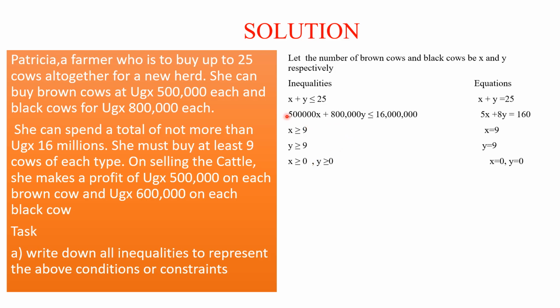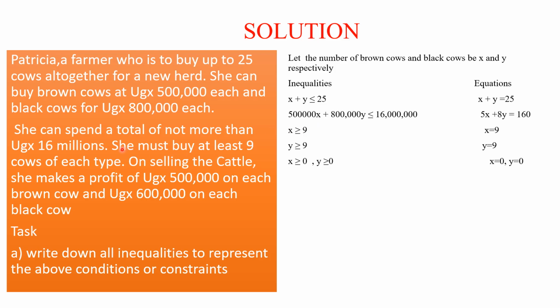This 500,000 X is spent on brown cows, and then 800,000 Y is spent on black cows. And why are we using less than or equal to? Because the available money to purchase cows is 16 million. So you cannot spend what you don't have. Either use the whole of 16 million or less. That's why you are seeing us having less than or equal to.